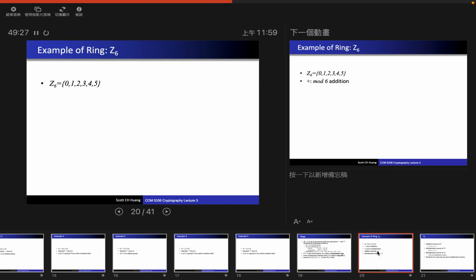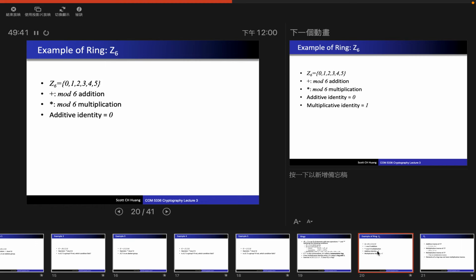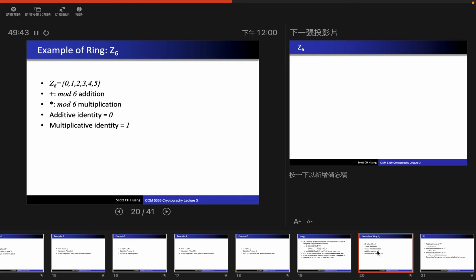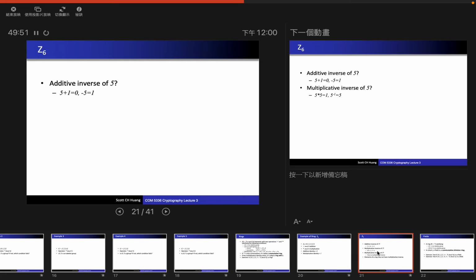Let's take a look at another. Z6. So I have 0, 1, 2, 3, 4, 5. Mod 6 addition, mod 6 multiplication. It is a commutative ring with 1. We have additive identity 0, multiplicative identity 1. Additive inverse, no problem.